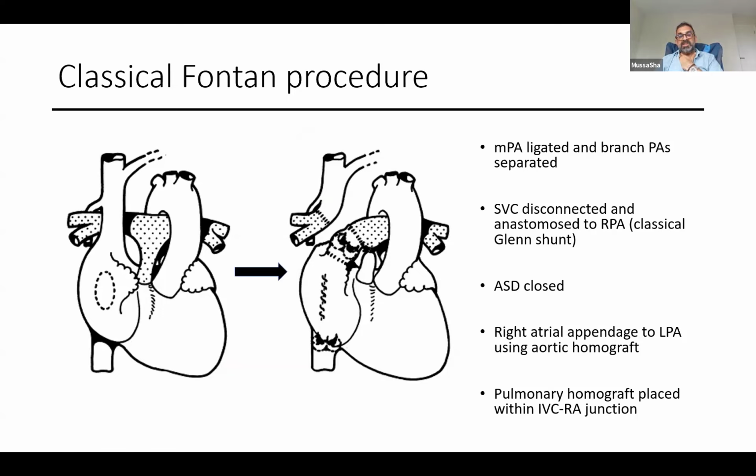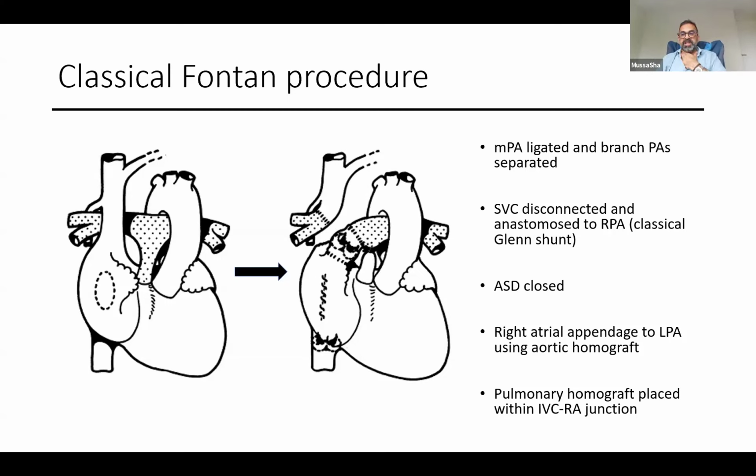So what he did as part of the operation was that the main pulmonary artery was ligated, okay, and the branch PAs were separated. So there was a division made between the right and the left pulmonary arteries. And the superior vena cava was disconnected from the right atrium and anastomosed to the right pulmonary artery. So what would be a classical Glenn operation. That's how Glenn conceived his operation.